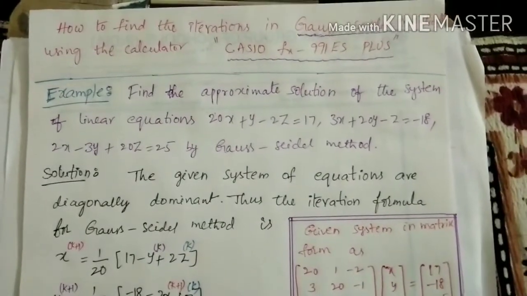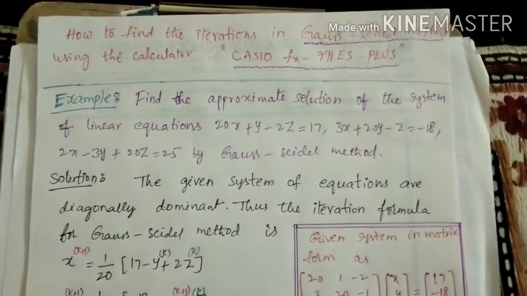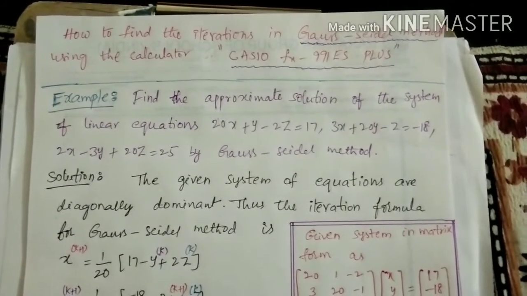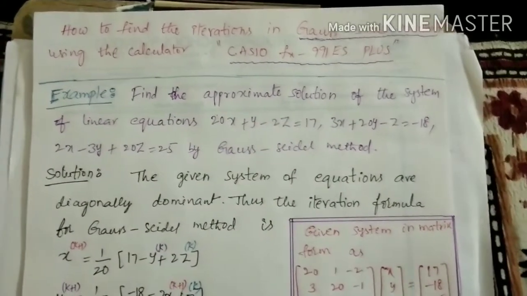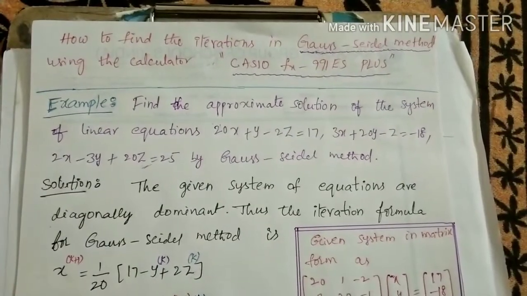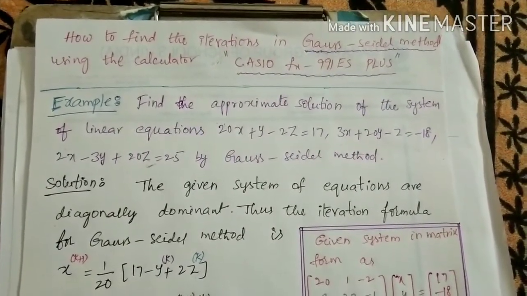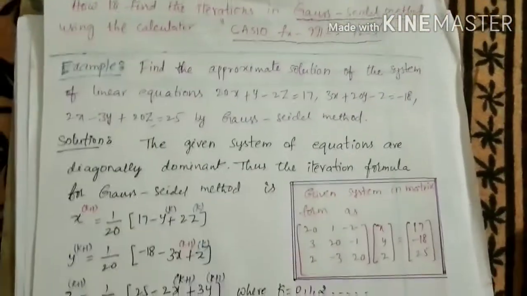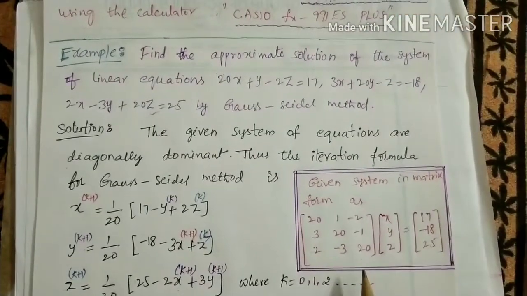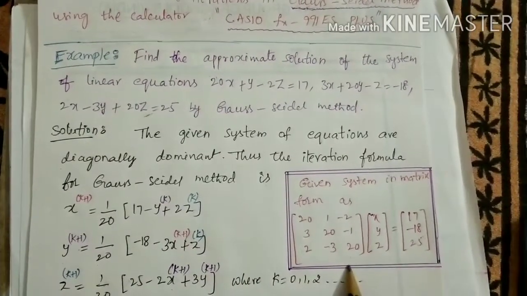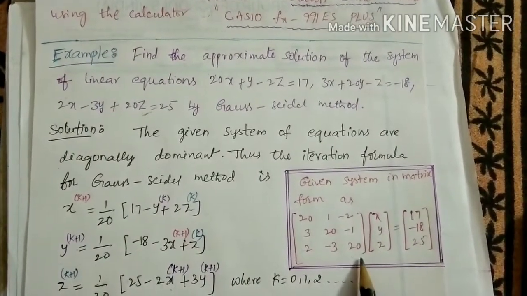It is very clear there is a guarantee for the solution in Gauss-Seidel method if the system of linear equations are diagonally dominant. It is very clear the system of equations are diagonally dominant. The given system of equations can be represented in the matrix form as shown in the box.